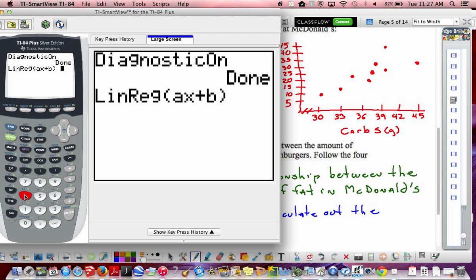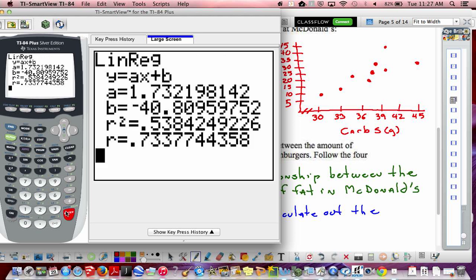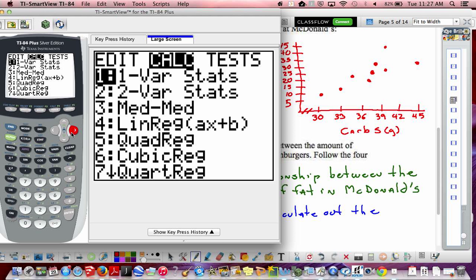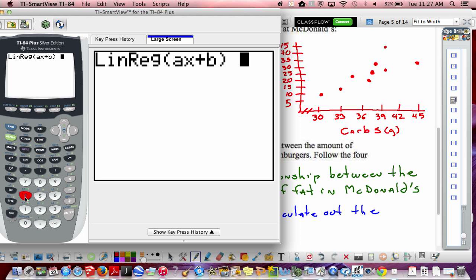You can choose number 8; there's 2 of them. I'm just going to choose number 4 for right now. Hit enter. The bottom value is your r. I'll do it again from the start: stat, right arrow, number 4, and then enter.